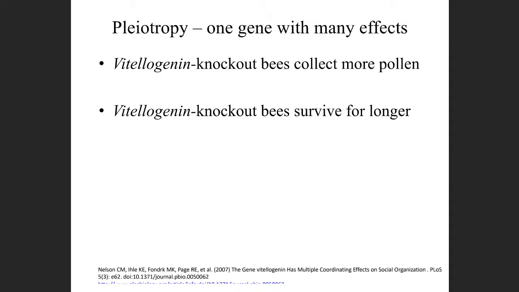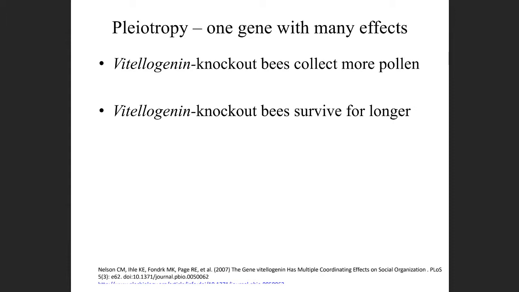One important feature to think about in evolutionary genetics is pleiotropy, the idea that each gene can have multiple effects, on multiple traits. And these pleiotropic effects often are antagonistic. In other words, they might introduce costs to a trait.